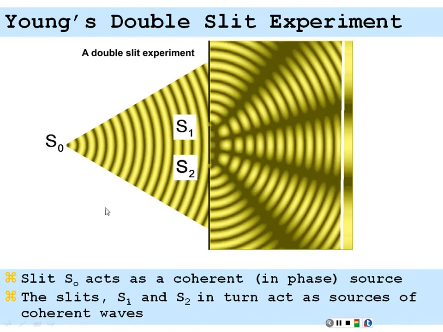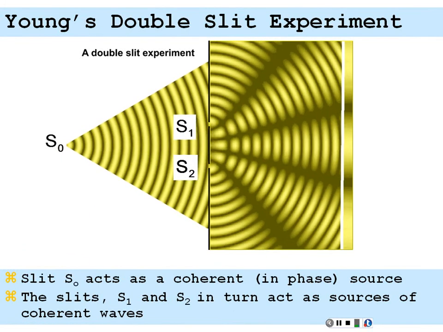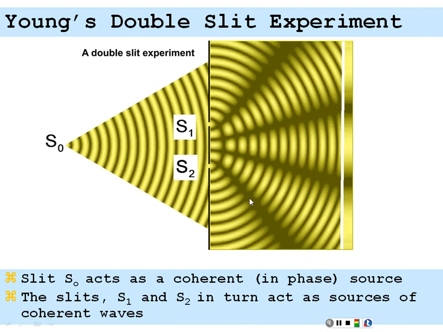At that point, both sources will be monochromatic and coherent, and hence we have an interference pattern extending from there, where we can see eventually on the screen areas of constructive interference and destructive interference.